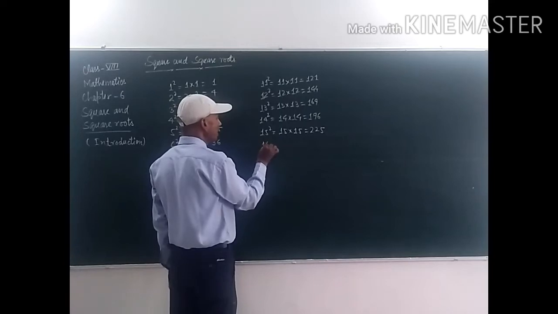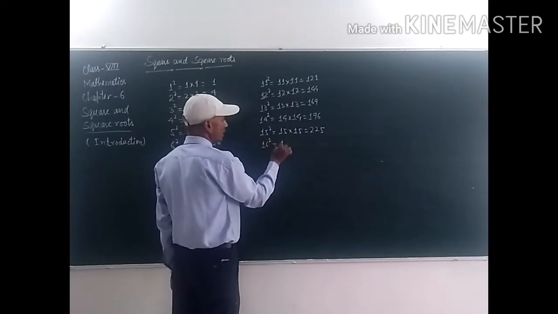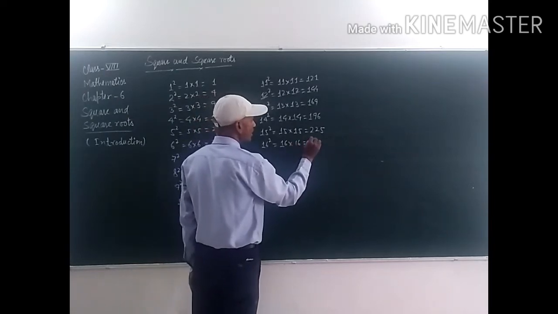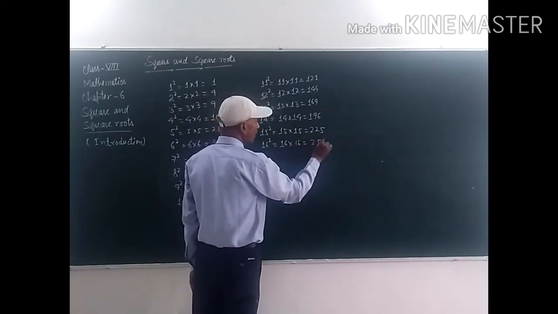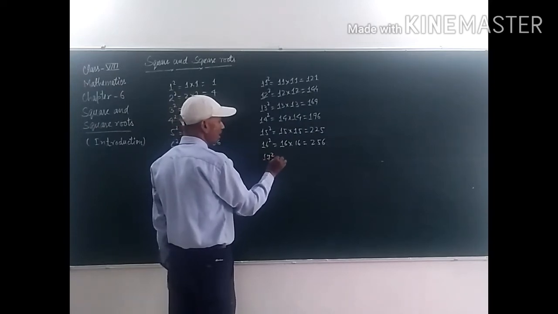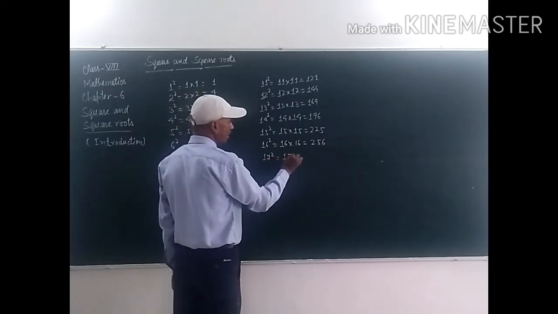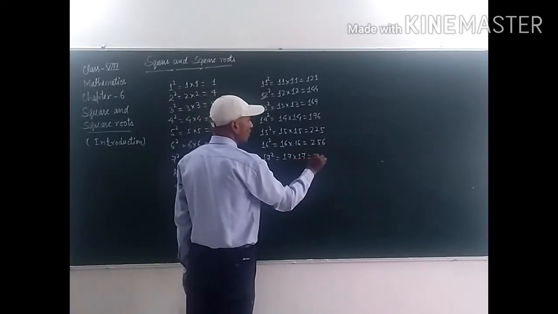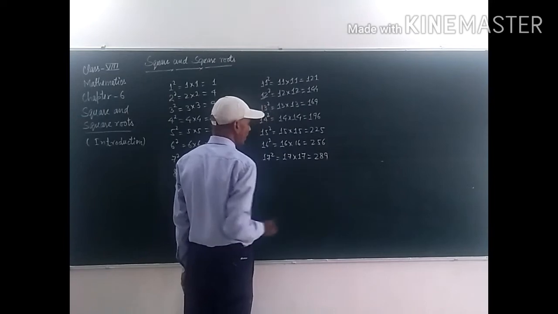Square of 16, that is 16 into 16, that is 256. Square of 17, 17 into 17, that is 289.